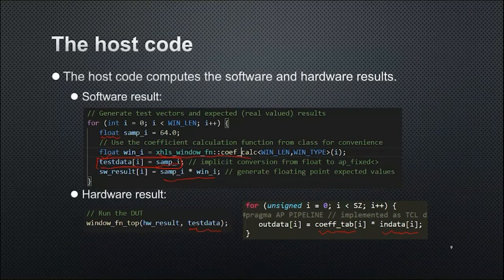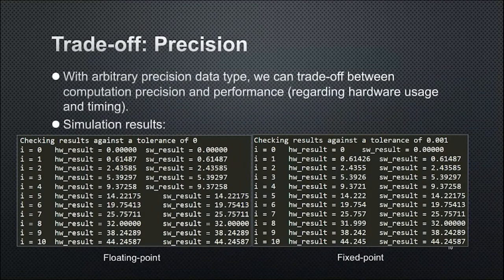So with the arbitrary precision data type, we can trade off between the computational precision and the hardware usage and timing. Since there will be some error when using the fixed point, the precision will be lower. So first we see the simulation result for floating point design and fixed point design. For the floating point design, we can see that basically the hardware and the software have the same outcome.